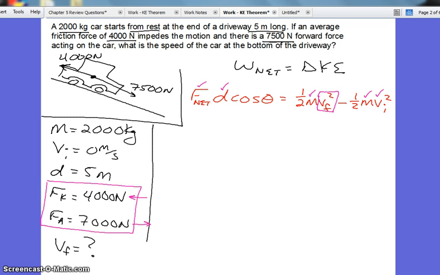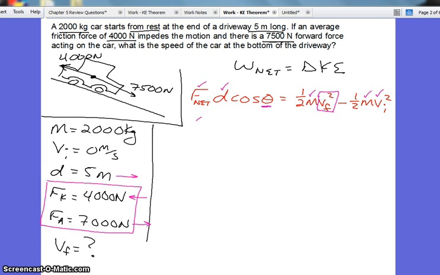Now the last thing we need is this angle. The direction of the displacement, the direction of the motion, is forward. And the net force is also forward at 3,500 newtons. Since they're in the same direction, the angle is 0 degrees.